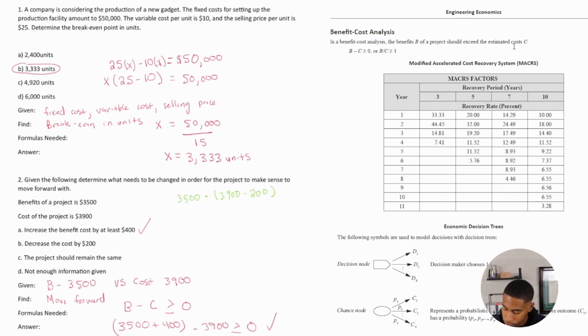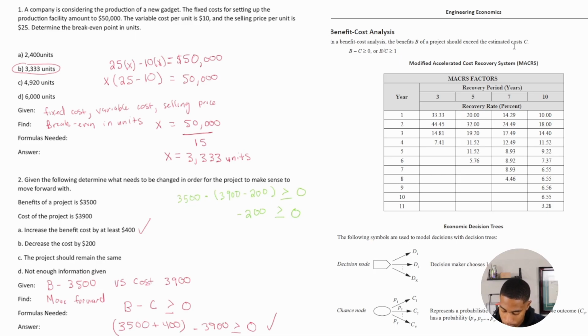Is this greater than or equal to 0? Well, 3,900 minus 200 is 3,700, and 3,500 minus 3,700 is going to be negative 200, which is not greater than or equal to 0.